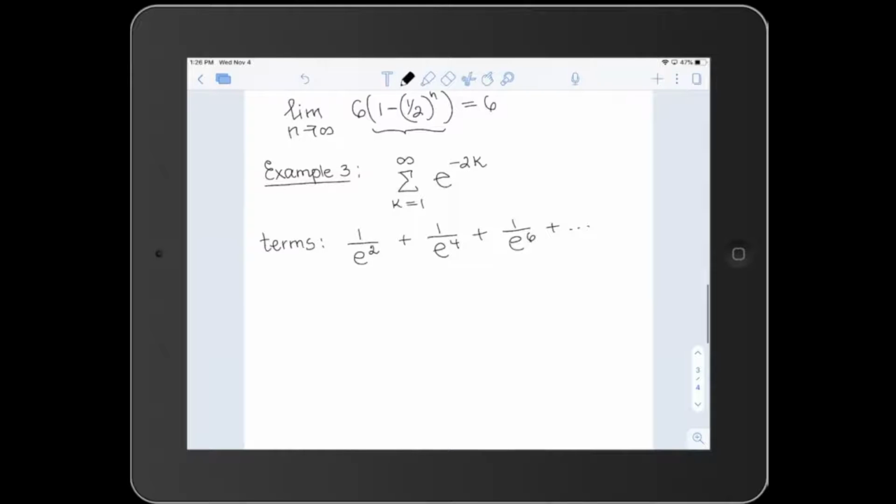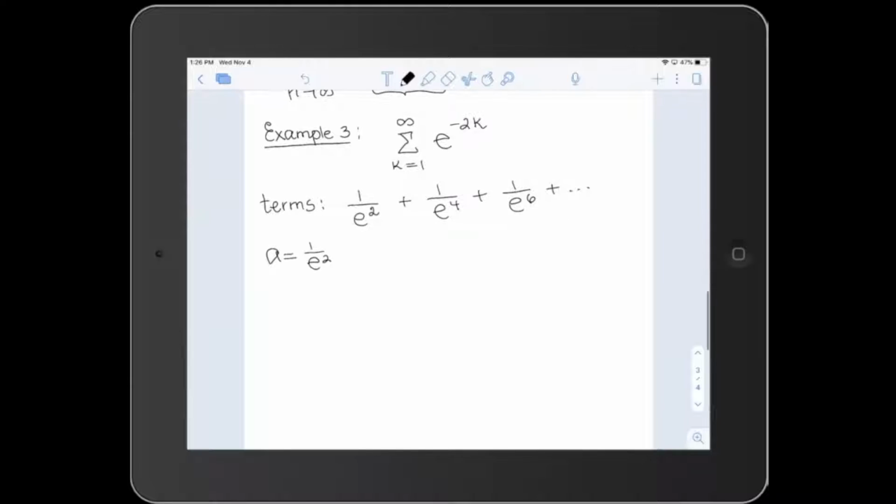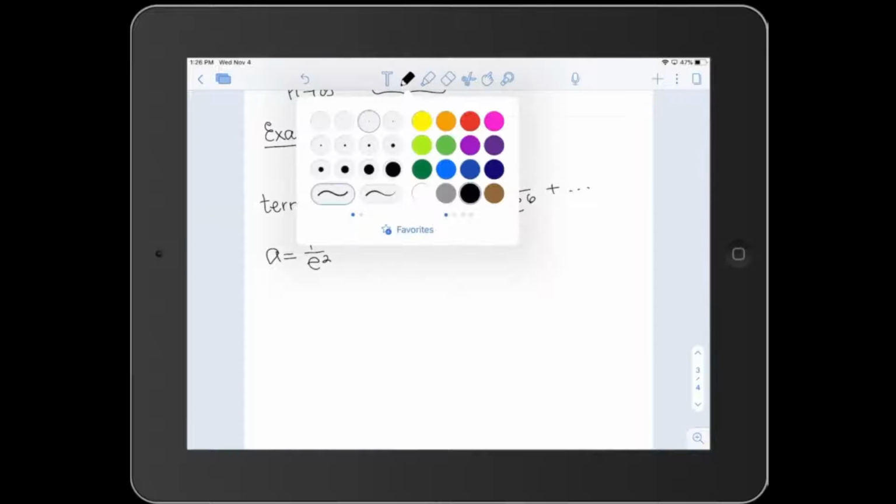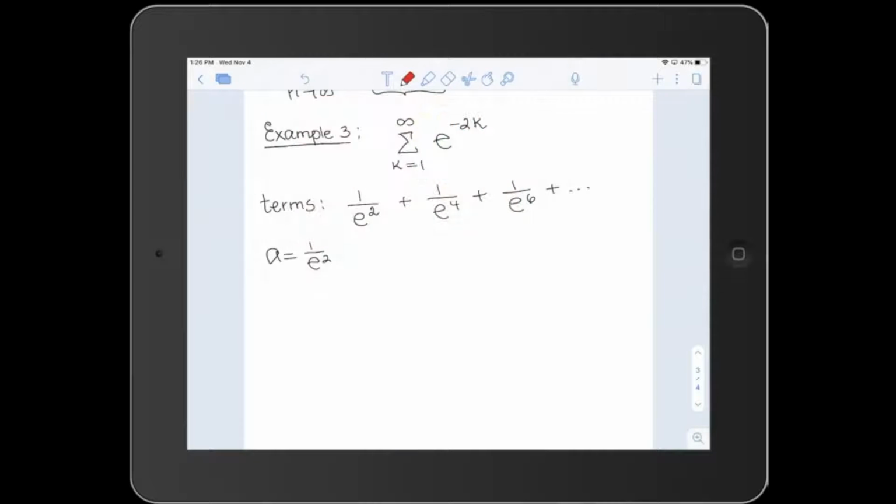Now I would break this down as a geometric series. How so? My a in this case would be 1 over e squared. So I'm going to rewrite these terms as follows. I'm going to highlight a. Remember, it needs to be part of every single component in your series.